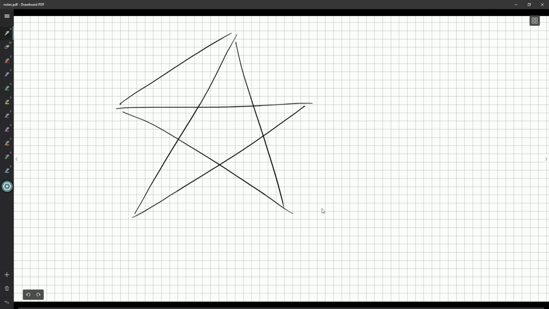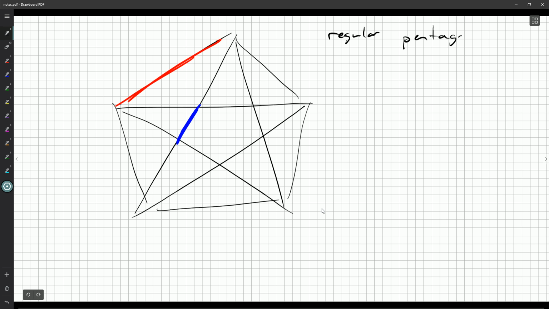Now, they've been talking trig this whole question. So I'm thinking more trig. So I want the ratio of like this side to say this side. Let's explore some angles. It's a regular pentagon. So the big angles here are 108 degrees.